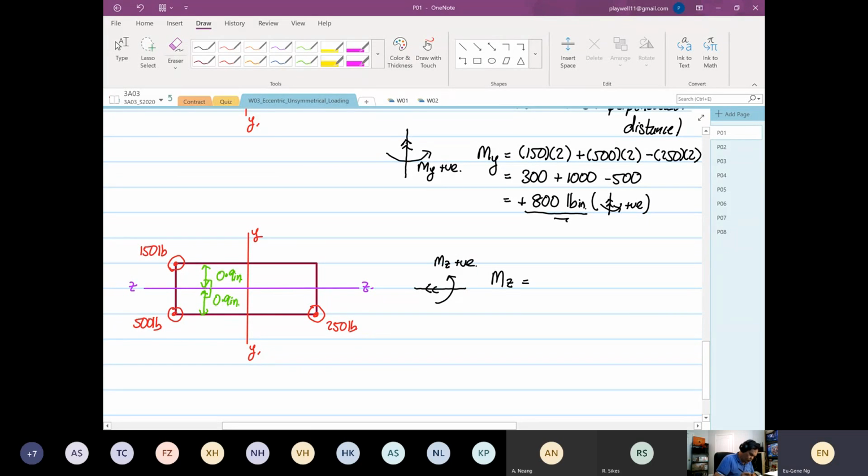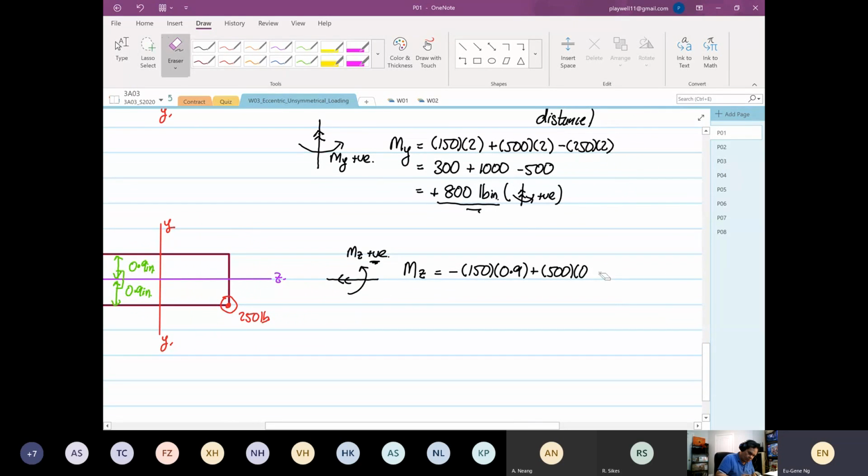So from here, Mz will be equal to: the 150 is going to cause a clockwise rotation, the opposite of what is positive. So minus 150 multiplied by 0.9, and then plus 500 multiplied by 0.9, and then plus 250 multiplied by 0.9.